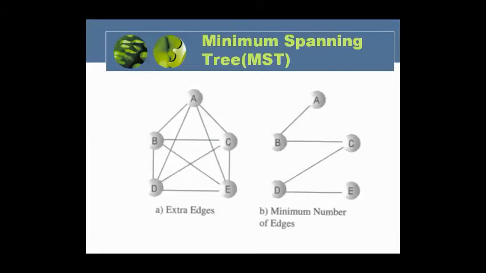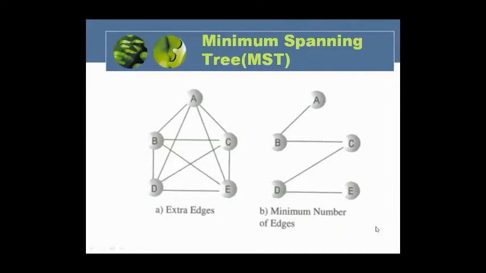So you will notice here a minimum spanning tree wherein there are extra edges. You will notice there is D going to A, or in short, a star. While in the minimum one, it's just one direction: A going to B, B to C, C to D, and D to E.